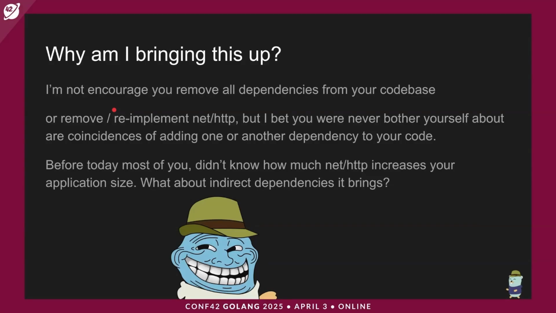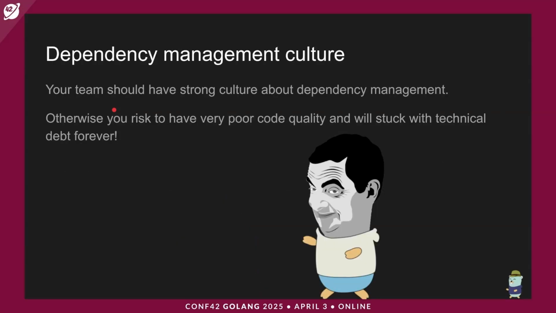And what I want to bring to the table is that when you work in a big company, for example, like Delivery Hero or even smaller, you need some culture of dependency management. If you don't have it, you can face some issues. The second part of my talk will be exactly about these issues.